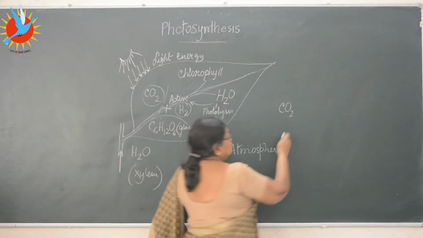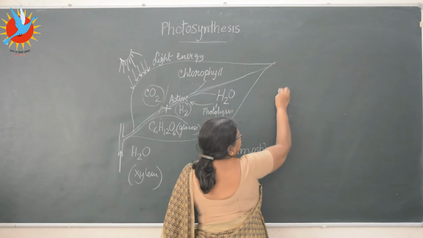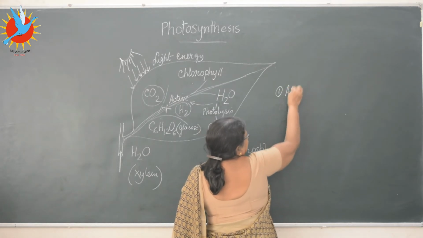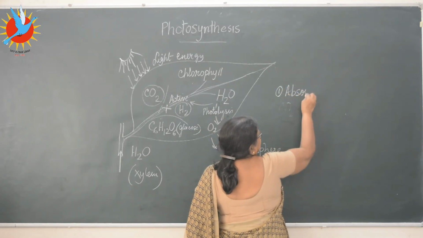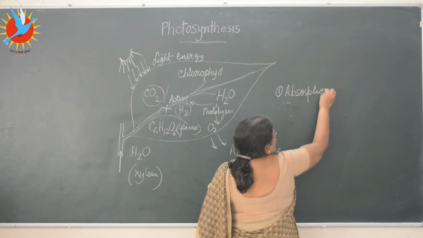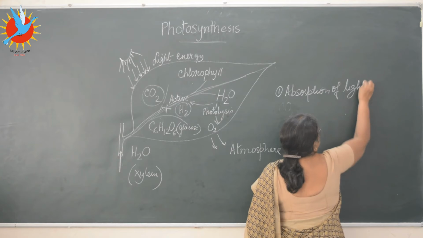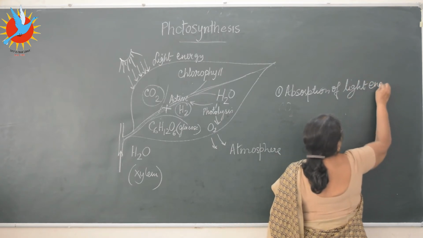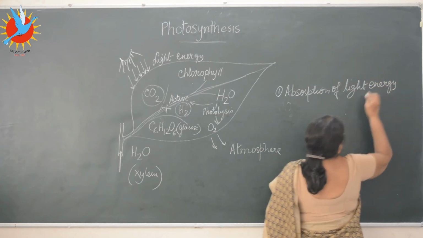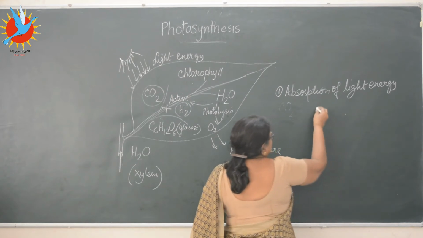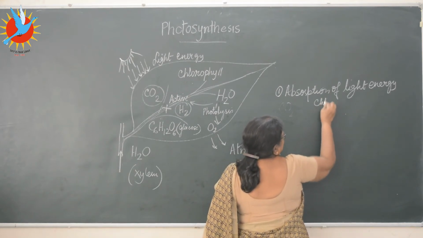If I write it, the 4 steps. First step, absorption of light energy by what? By chlorophyll. So I'll write it here, chlorophyll.